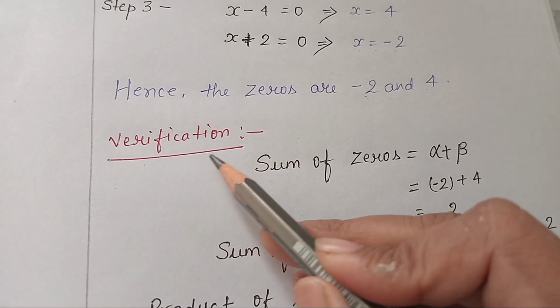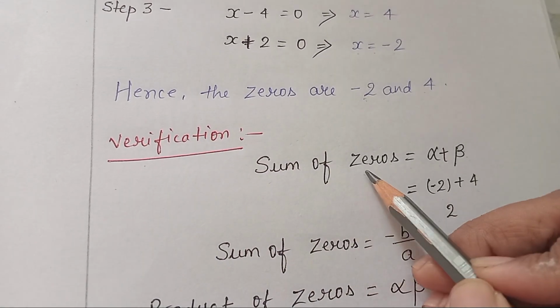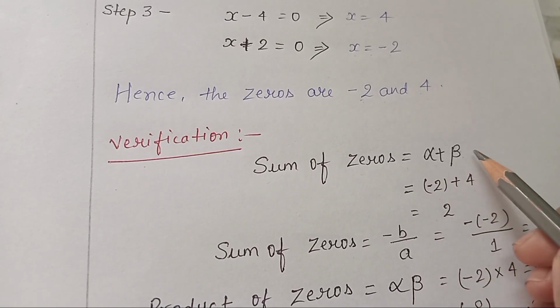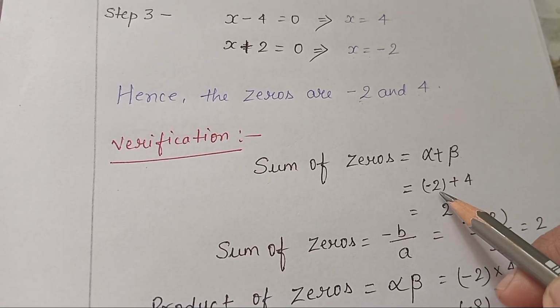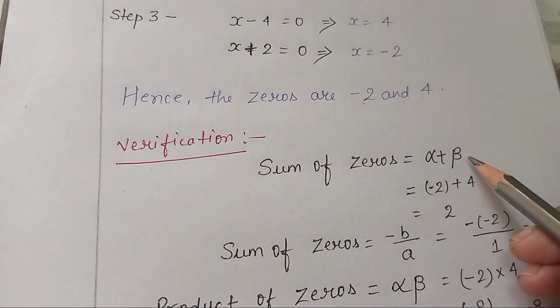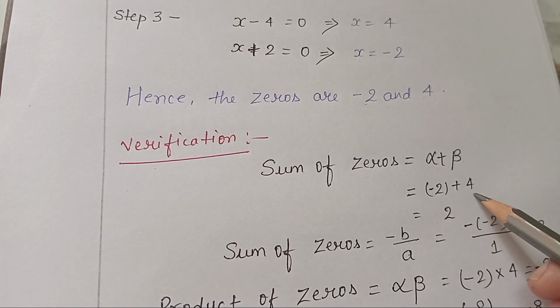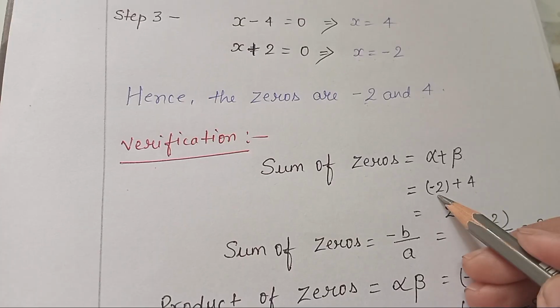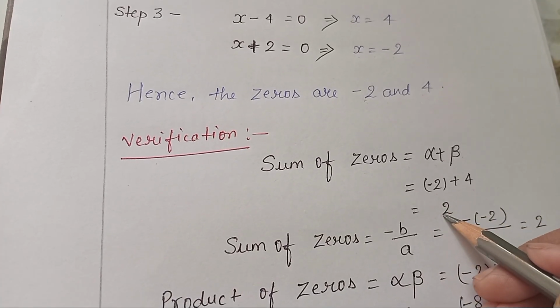Let's verify the relationship. Sum of zeros is equal to alpha plus beta. Here the value of alpha is minus 2 and the value of beta is 4. 4 minus 2, it becomes positive 2.